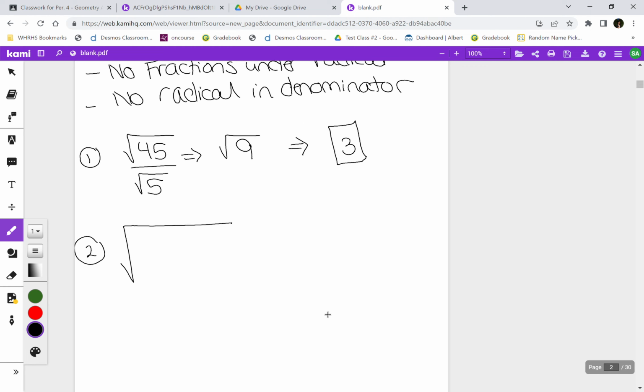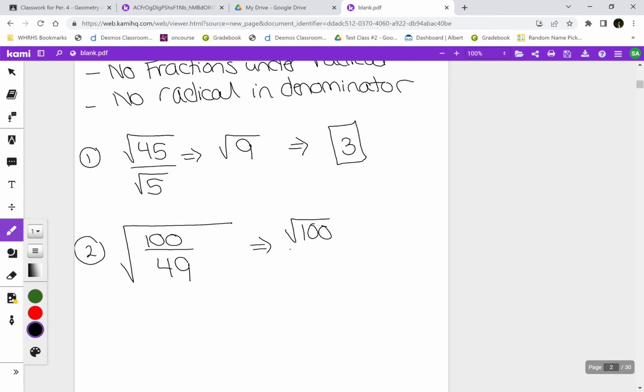Okay, the other thing we're allowed to do. First, this is illegal. Why is this illegal? We cannot have a fraction under the radical, right? What we are allowed to do, though, is if I have a fraction under a radical, split it into two, going from one illegal thing to another illegal thing. I can split it into two radicals.